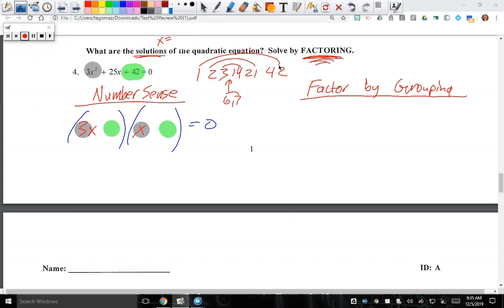Which ones were the ones that we learned to start gravitating first to? 6 and 7, right? So here we go. I can use 6 here and 7 here, or I could have put 7 and then 6. It does matter placement-wise if this is something other than 1. You see what I'm saying?